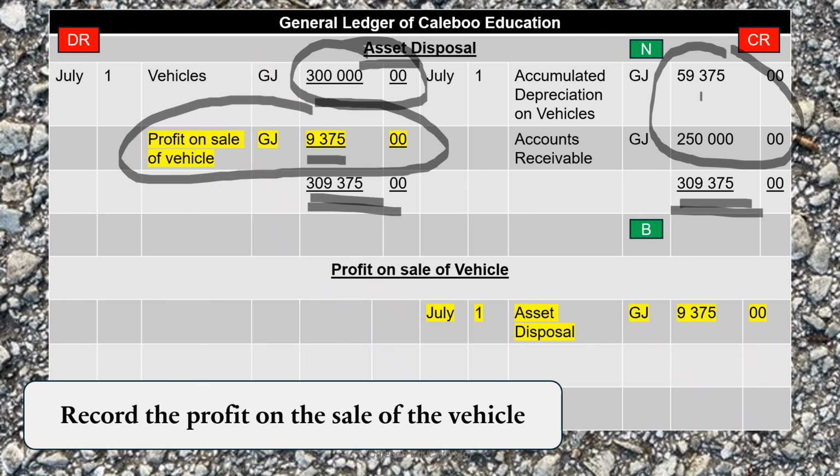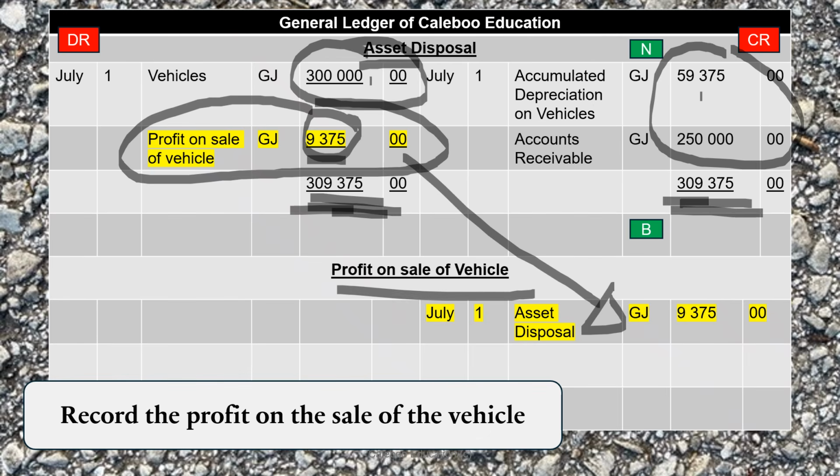The credit side was bigger than the debit side by 9375, and we close off this account here to the net effect of this sale of the vehicle, and the net effect is a profit on the sale of the vehicle, and once again an increase in income gets credited. That's why the entry is on the credit side.